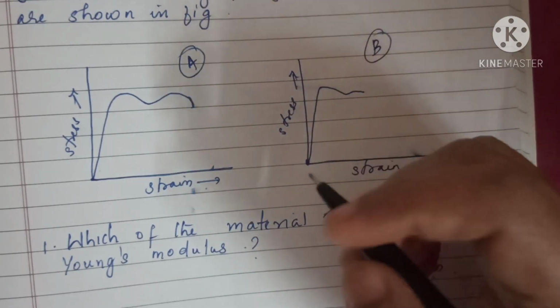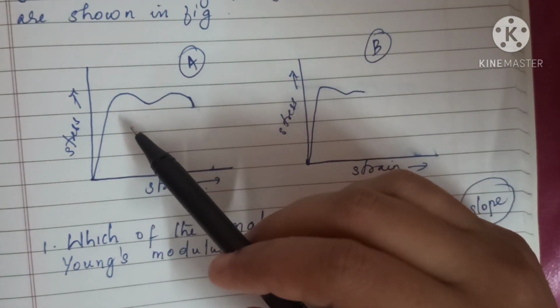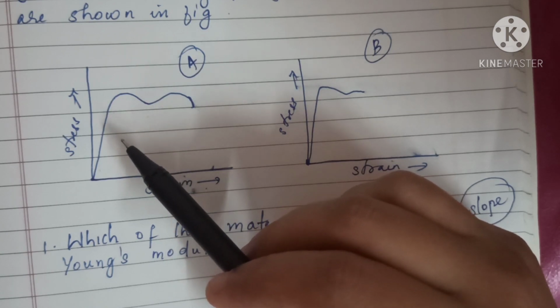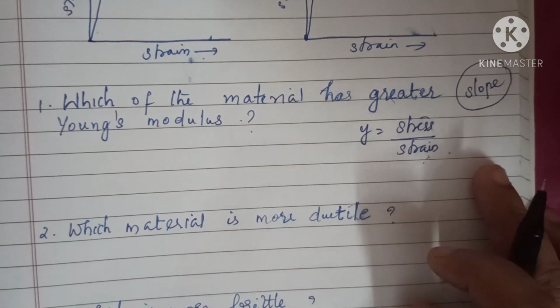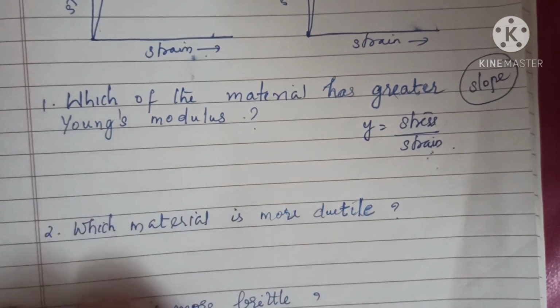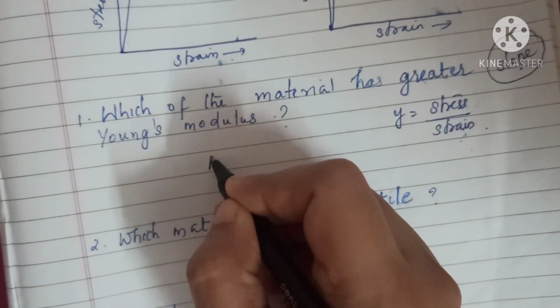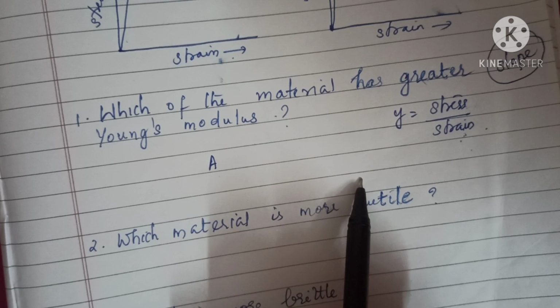By looking itself you can understand. If that value is greater, we can say it has greater Young's modulus. Clear? So that is another way you can write it. So what is the answer? Answer is A. Material A has greater Young's modulus.